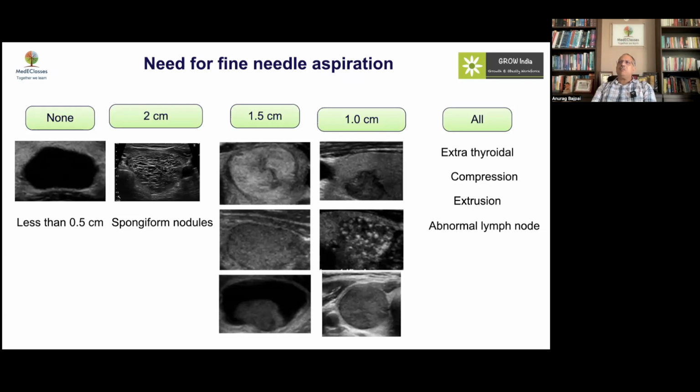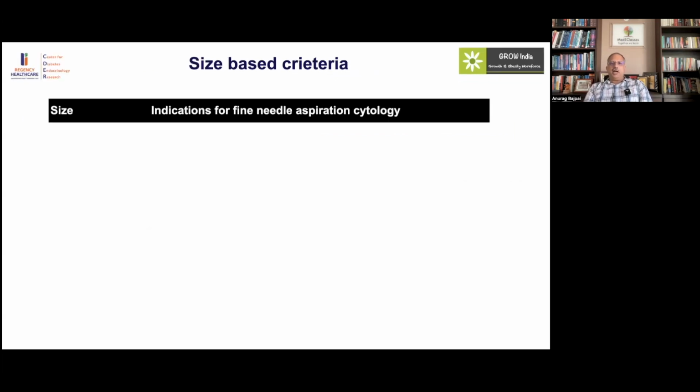This is what I will say from our experience. Most lesions will be above 1.5 centimeters when they come to you. Most incidental lesions, on the other hand, will be somewhere around 1 to 1.5 centimeters, and therein the ultrasound becomes important. And therefore, to really look at not only the size, but also the internal characteristics becomes absolutely important.